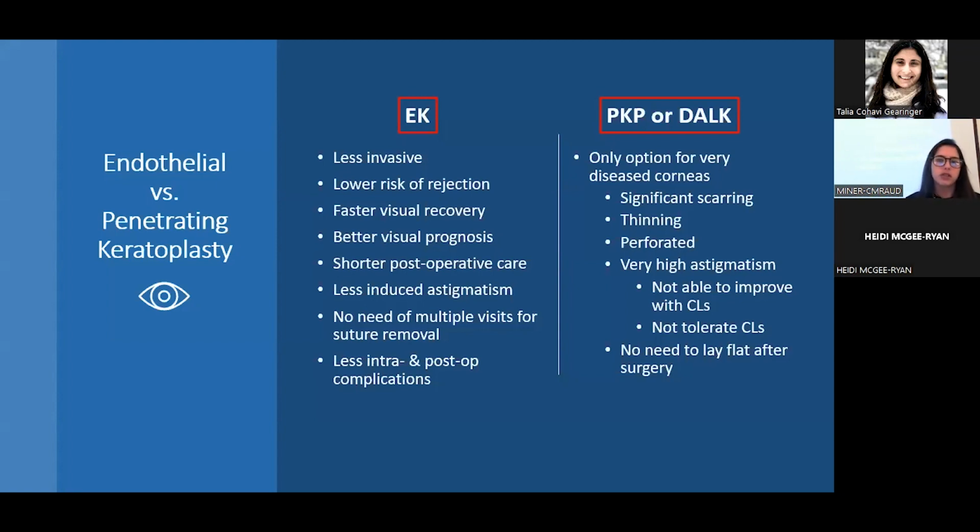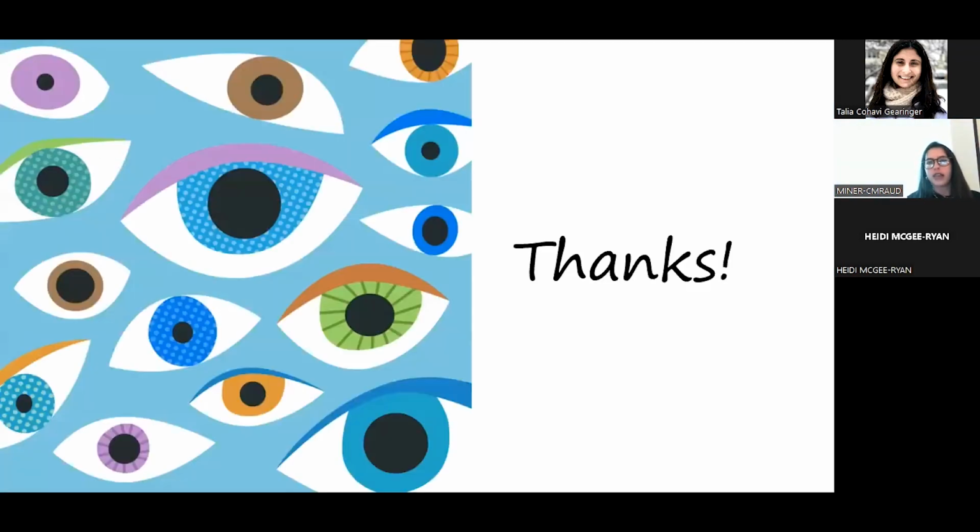For example, patients who have significant scarring, thinning, perforations, or very high astigmatism that cannot be corrected with contact lenses, or who no longer tolerate contact lenses. But one of the good things about PKs is that they don't need to lay flat after surgery for 2 to 3 days. And thanks for everything.